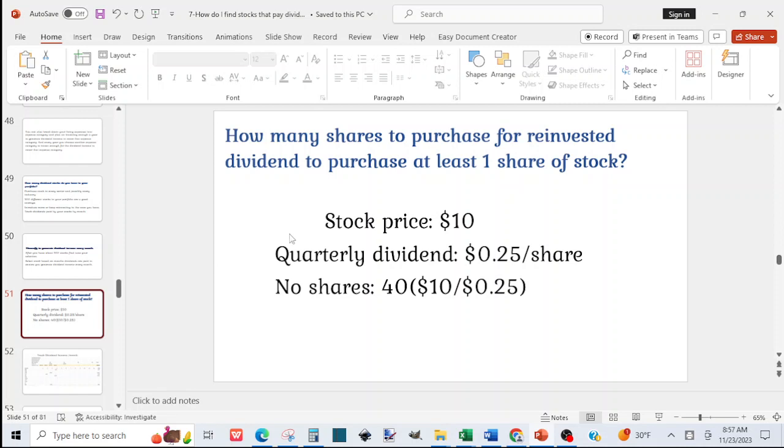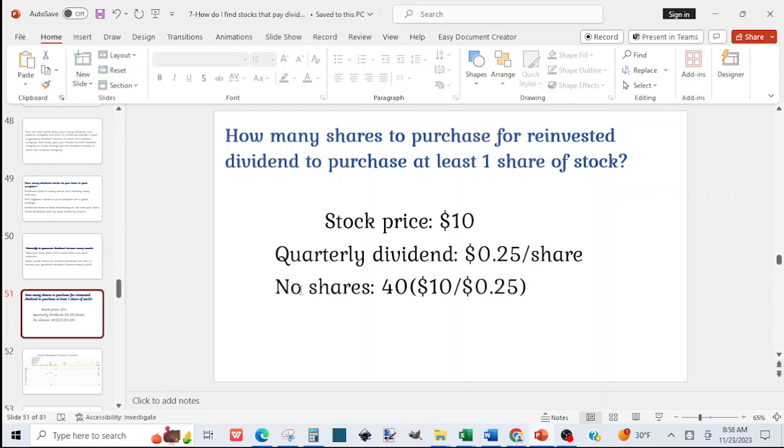Does that make sense? So in this example, if a stock is selling for $10 and the quarterly dividend is 25 cents a share, how many shares should you buy so that each time they pay dividend, you can buy a share with it?